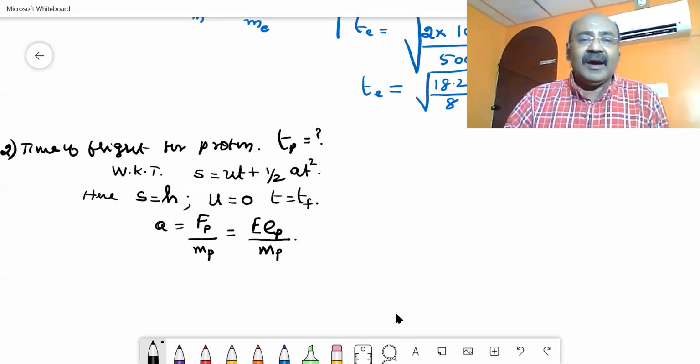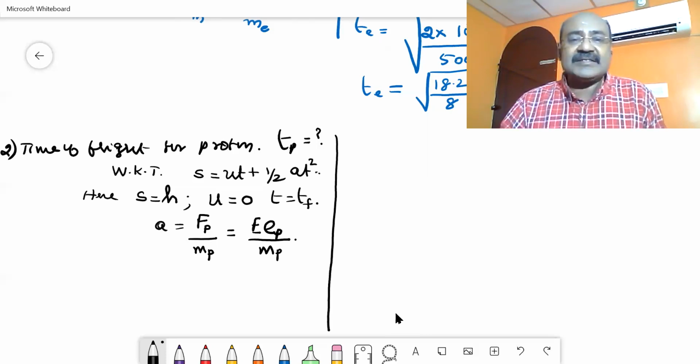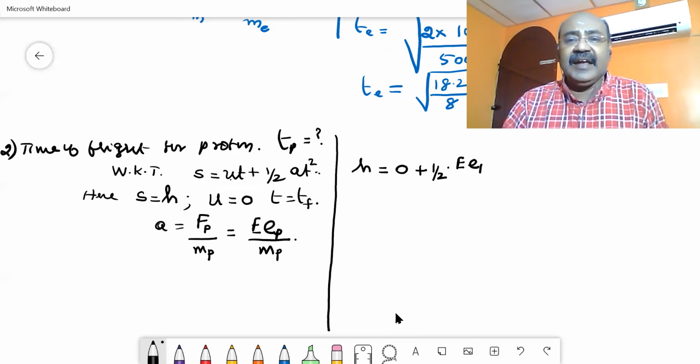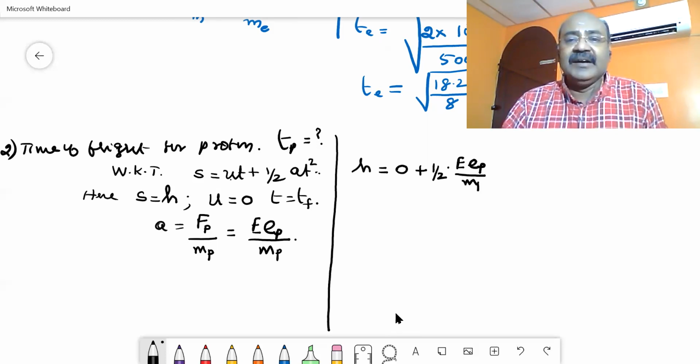Now take all these values and substitute in the equation for s. Instead of s, I consider h. Instead of u, I put 0, so the first term vanishes, plus half into a, the acceleration, which is force E into ep, electrical field into charge of the proton, divided by the mass of the proton, multiplied with Tp square.